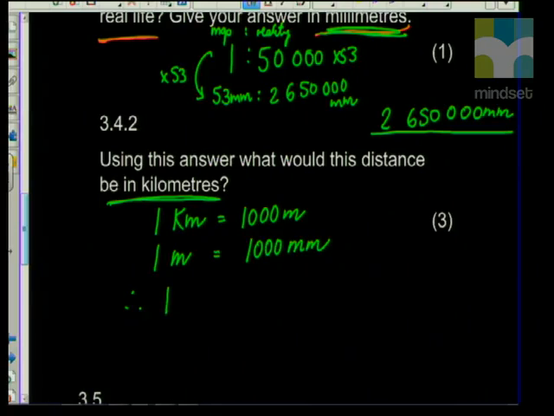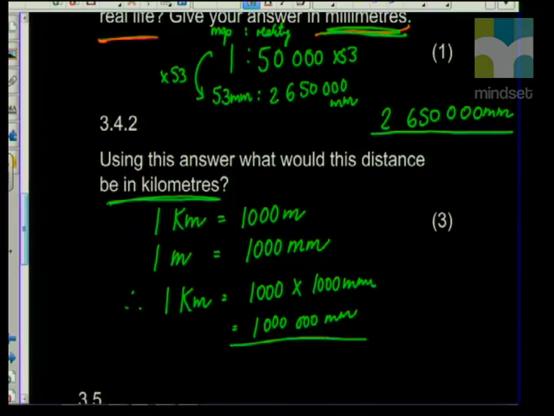Therefore, 1 kilometer is 1,000 meters times 1,000 millimeters, which gives us 1,000,000 millimeters. So 1 kilometer is 1,000,000 millimeters.